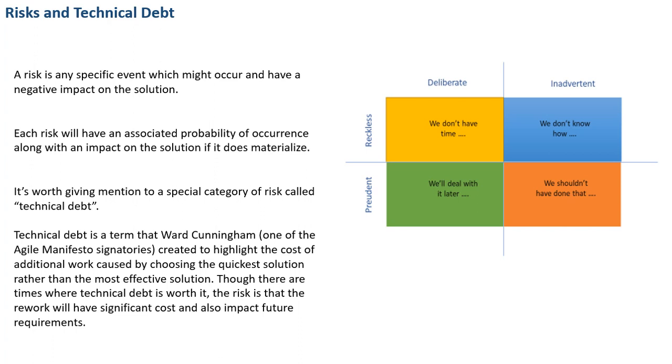You'll have to do things tactically, and it's important to make sure that tactical doesn't become the strategic, because that's a risk in itself. The more tactical solutions you put in place, the more you're facing risk of something breaking or the solution becoming unmaintainable. So it's important to elaborate on what that technical debt is, so you can plan in remediating it.